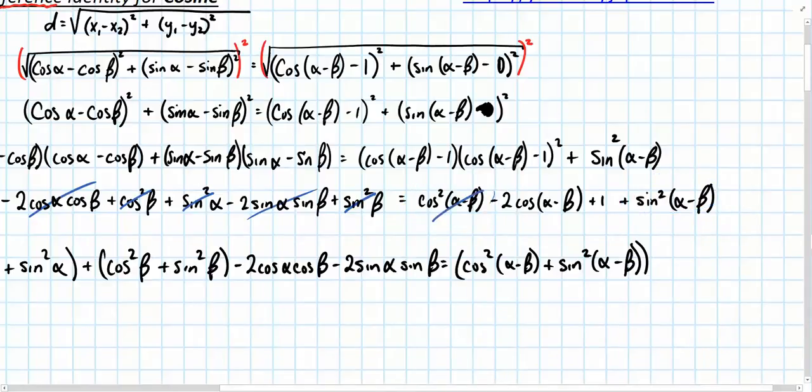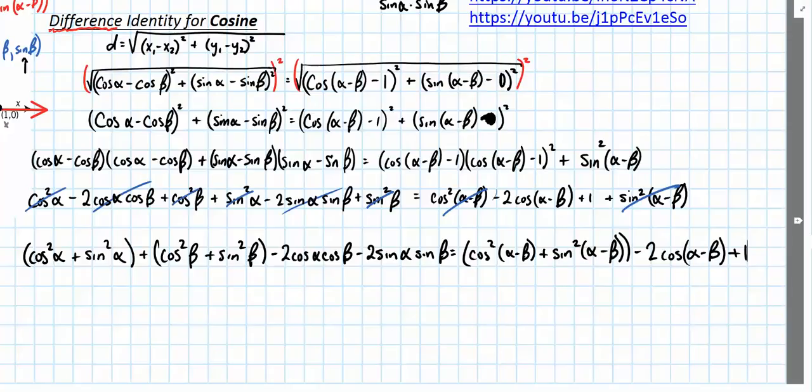So now I've rewritten that and I've used those terms. That means I have left over this minus 2 cosine of alpha minus beta plus 1. All right, so now the real math magic happens. The reason why I grouped these numbers as they are is we know from our Pythagorean identity that these groups in parentheses are literally just equal to the number 1.